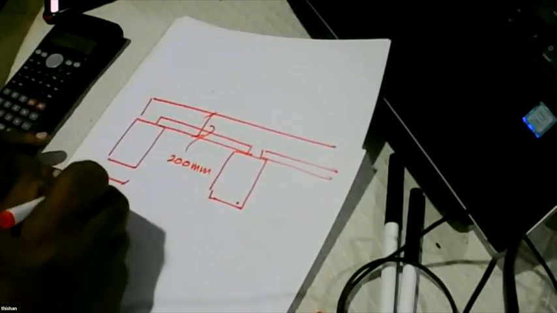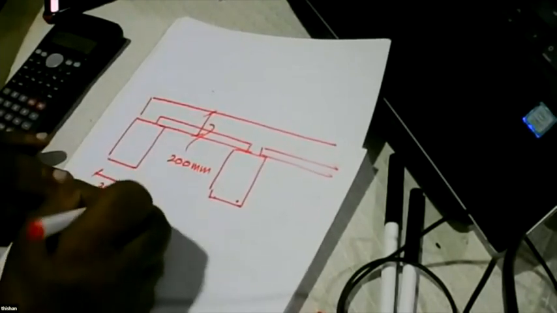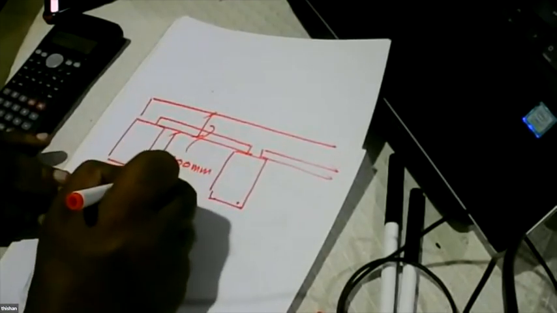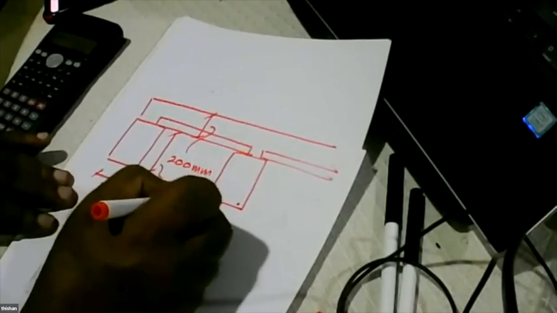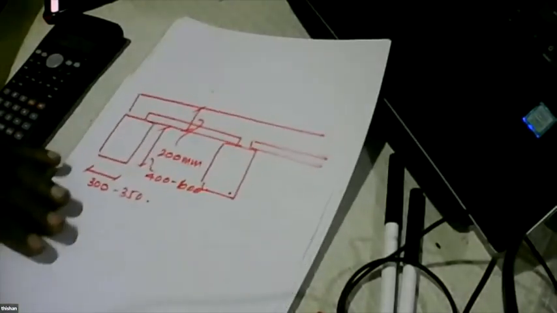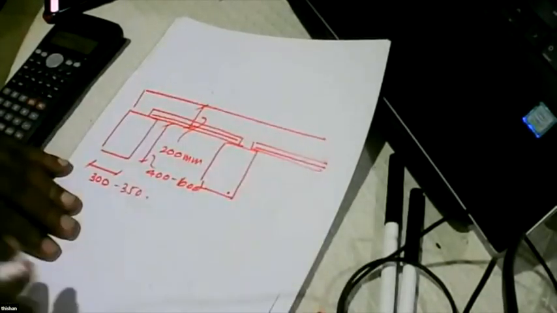These can be about 300 to 350, and height can be about 400 to 600. And we are going to make the bridge by recasting these panels containing some reinforcement.